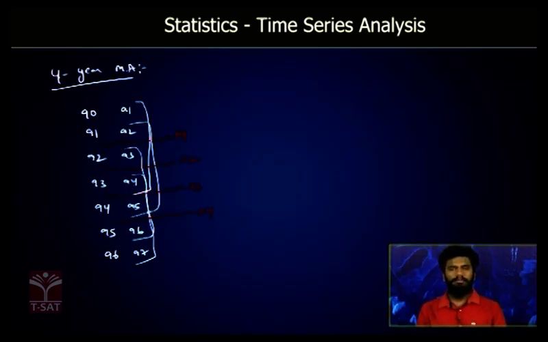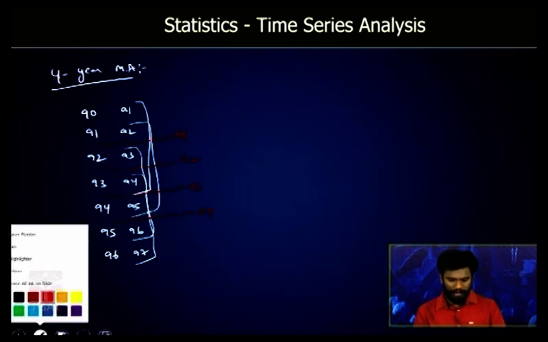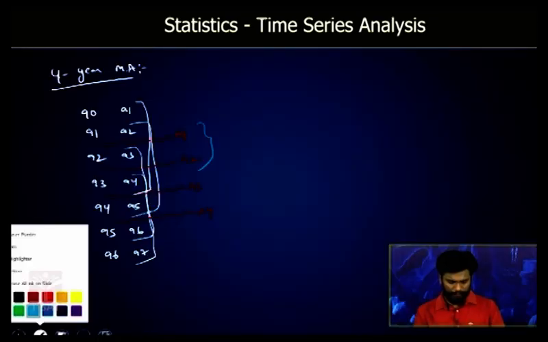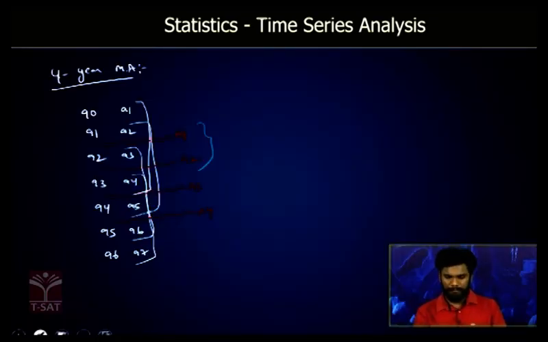Now after that what you have to do: actually these values are assigned to the middle of the 2 years. Now what we do is, again we will find the average of these two, A1 and A2, and assign that value, let us consider it is B1, to 1992.